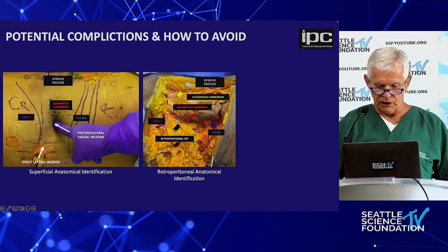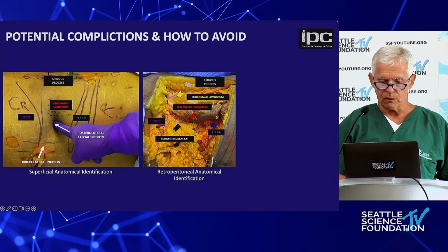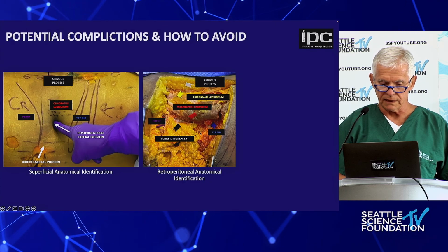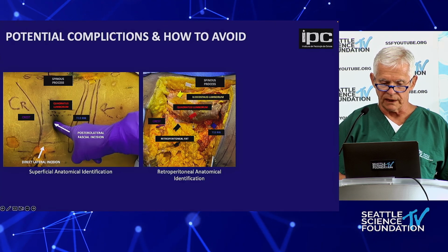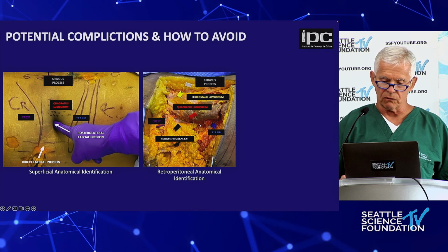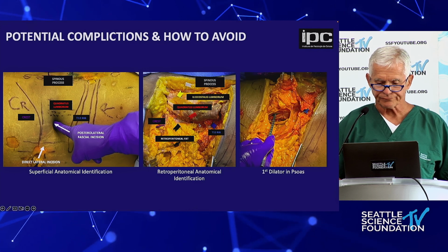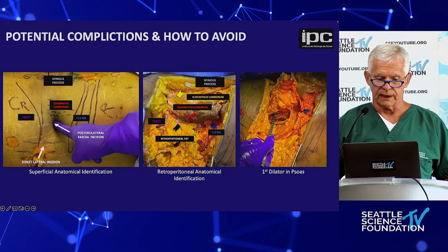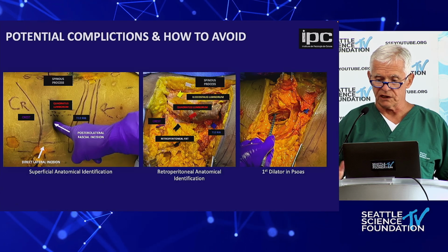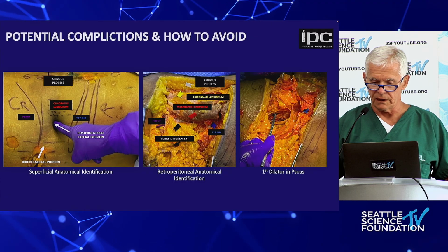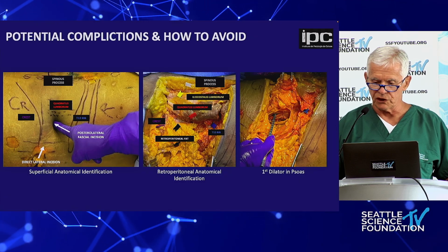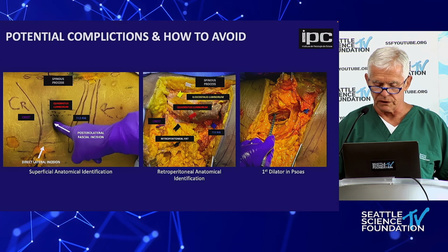You can see here the quadratus and here the retroperitoneal space. The distance from the quadratus to the bowel was measured in lateral and in prone. We found that in the prone position, this distance, because of gravity, is much bigger, making it easier to prevent bowel injuries.